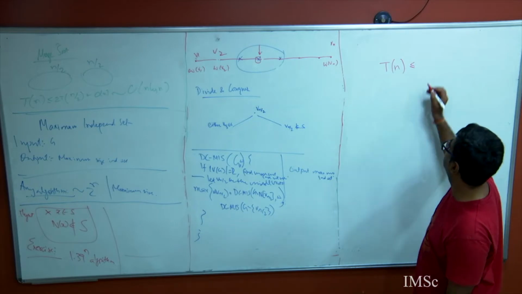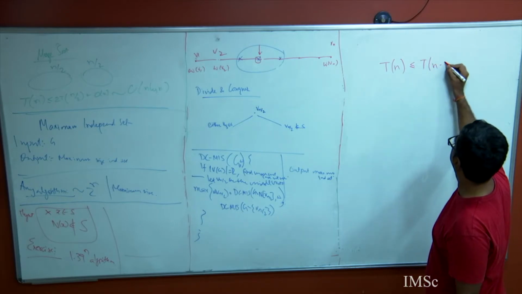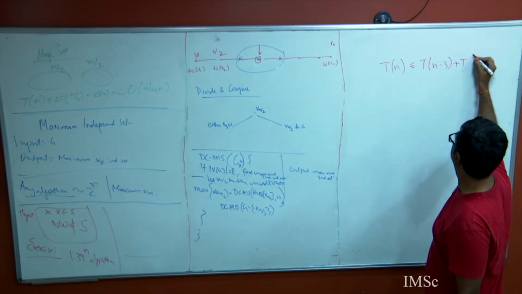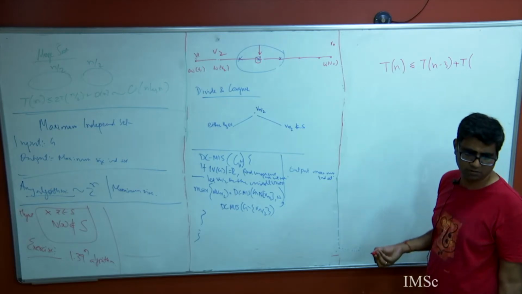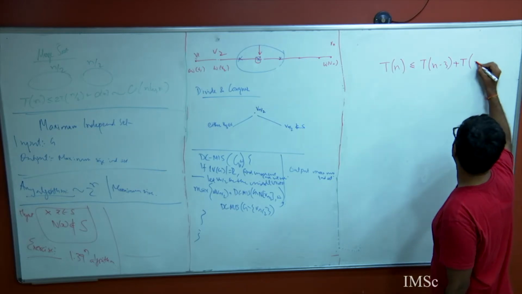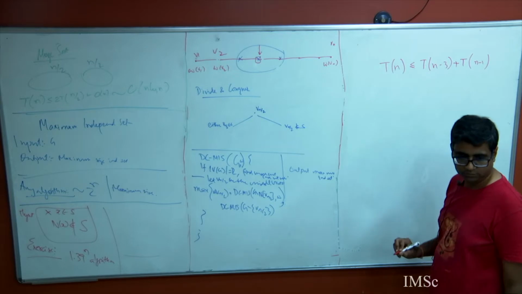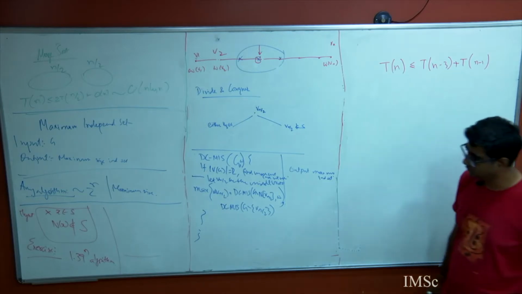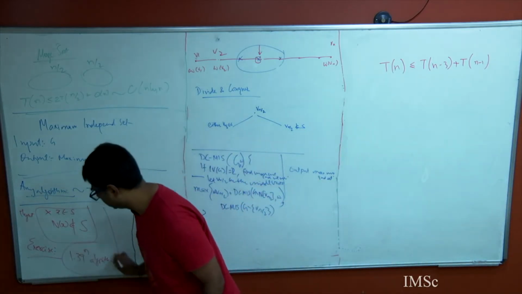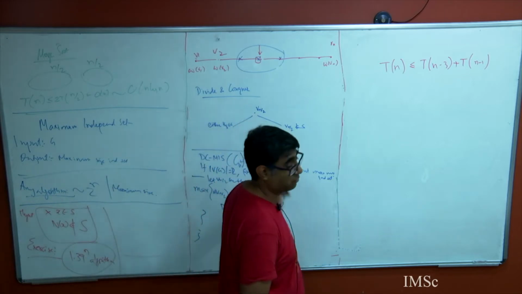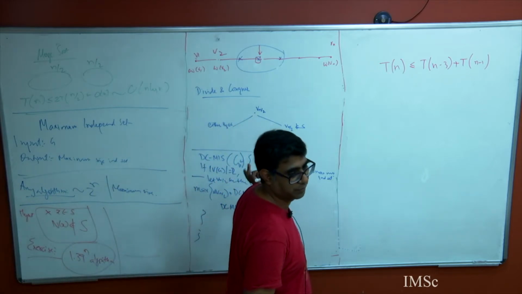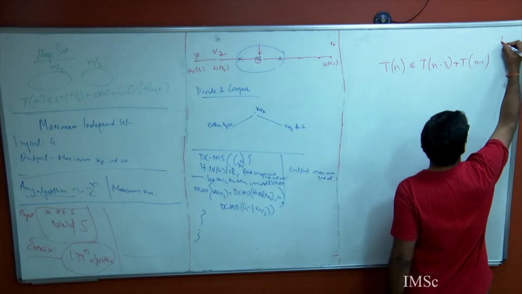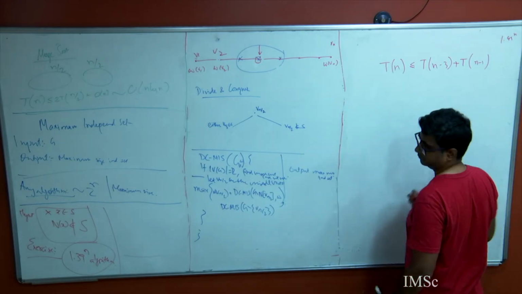So should I write here T of n minus 3, plus T of n minus 1 for the other one. Excellent. So this is definitely a correct recurrence. But just solve this recurrence. This will solve to 1.45 to the power n.